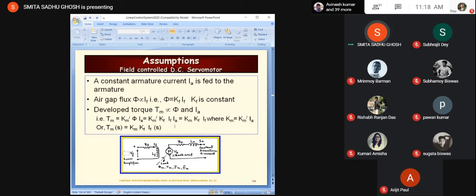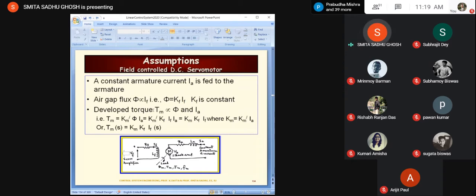So basically Tm boils down to Km into Kf into If. So again over here you would have to keep on noting the units, because based on the conversion, the quantity from which it is being converted into another quantity, the units of the constants are going to be changing and have to be assumed.